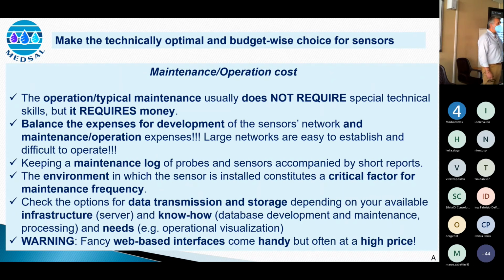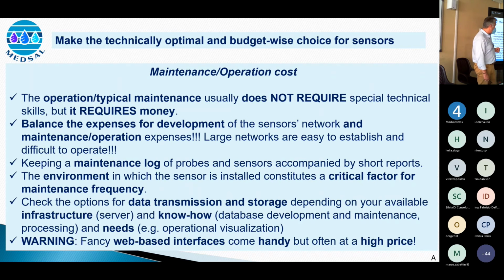You need to have budget for it. You need to balance the expenses for the development of the sensors network and the maintenance and operation expenses. Big networks are easy to establish, but very difficult to operate because you need specific protocols, a lot of time, and a lot of budget.